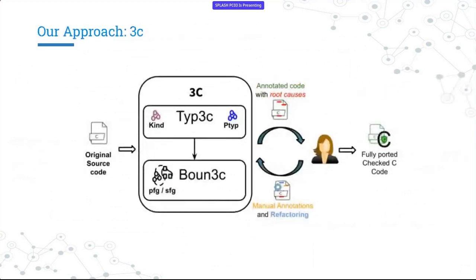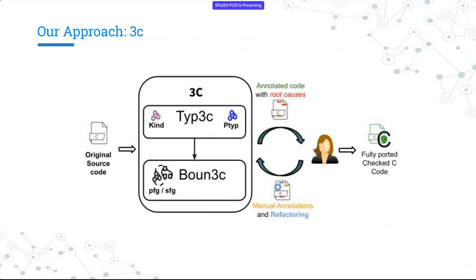We resort to a human in the loop approach. So our goal is, given the source code, we try to infer checked types for most of the pointers in an automated way. For pointers where we cannot infer the checked types, we find the root causes why we failed, and we ask the developer for assistance.